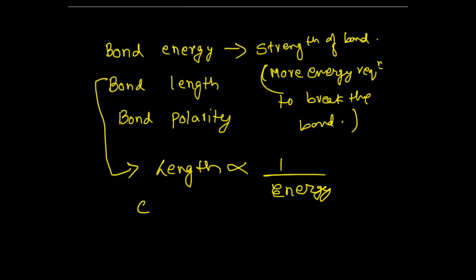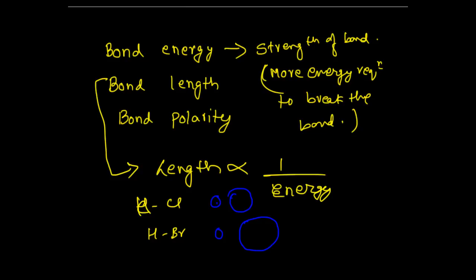Because, let's consider the compounds HCl and HBr. In both cases we have the same atom, hydrogen, but bromine is larger than chlorine. So suppose we consider chlorine as this, then bromine is bigger than this.